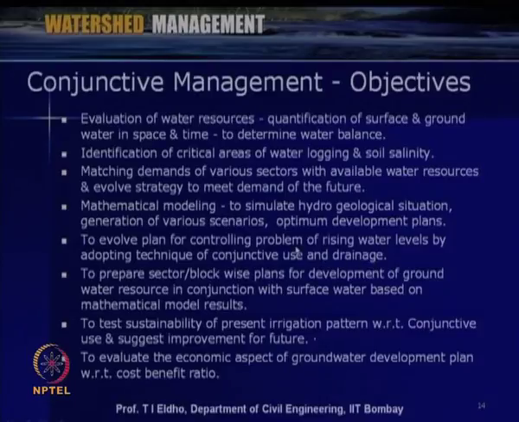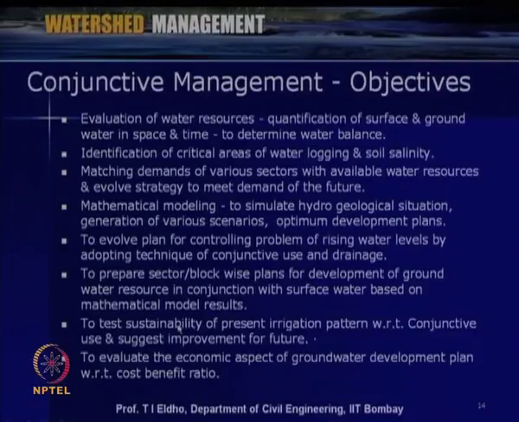So, wherever the water logging problem is there, we have to develop an appropriate drainage system so that water logging can be reduced. Then to prepare sector or block wise plans for development of groundwater resource in conjunction with surface water based on mathematical model results. So, that can be another objective.